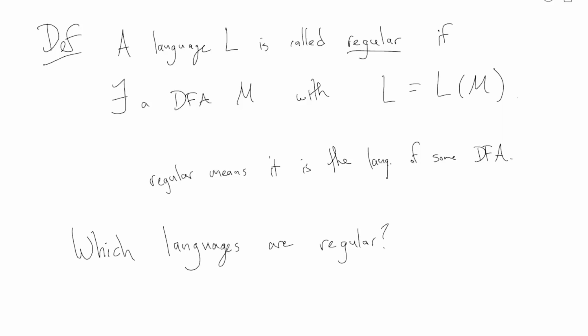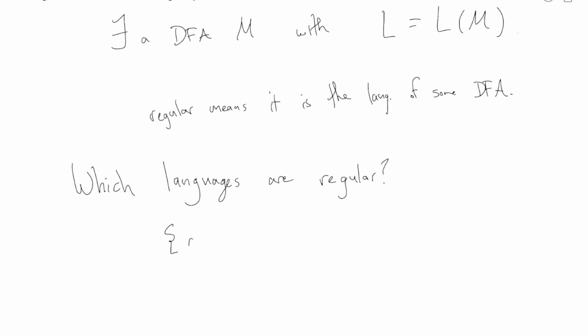What kinds of languages are regular? For example, a to the n, b to the m, n and m being natural numbers. This is regular. That's because this is the language of that DFA that I just drew a few minutes ago, and so that means it is a regular language.